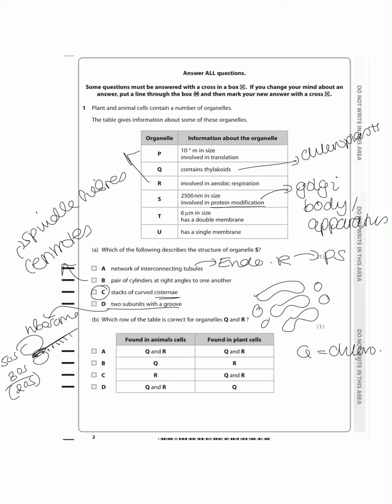That is the mitochondria. Anaerobic respiration takes place in the cytoplasm. So, Q is the chloroplast, which is found only in plants. And R is found in plants and animals. So, the answer here would be C.